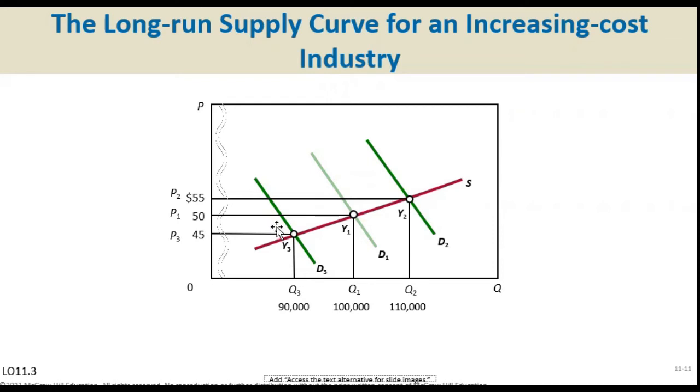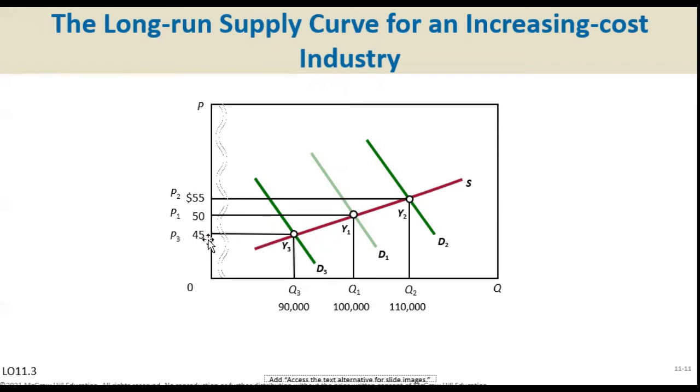Therefore, you will see an increase in the cost per unit from 45 to 50 to 55, and as a result the quantity increases: 90,000, 100,000, and 110,000, corresponding to 40, 45, 50, and 55.